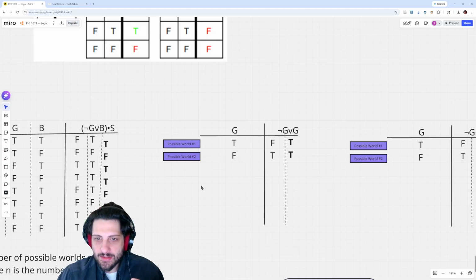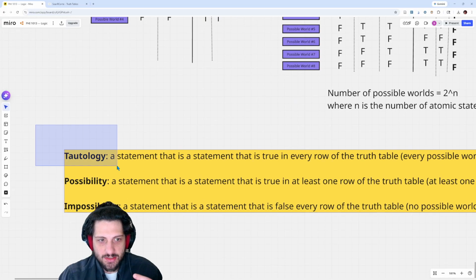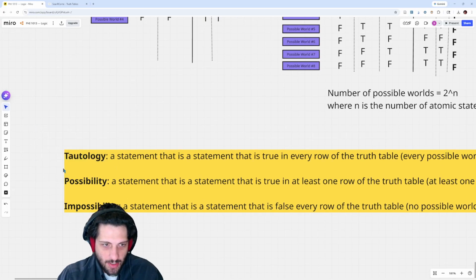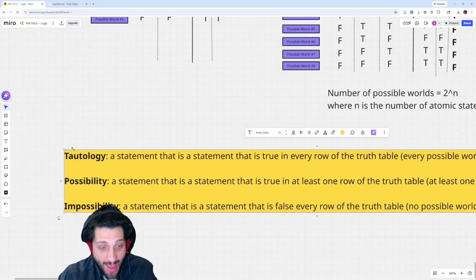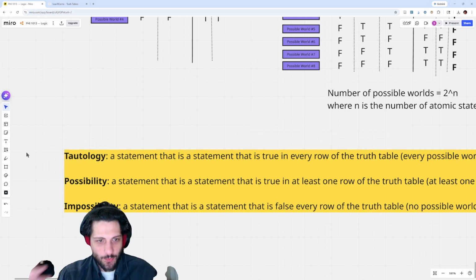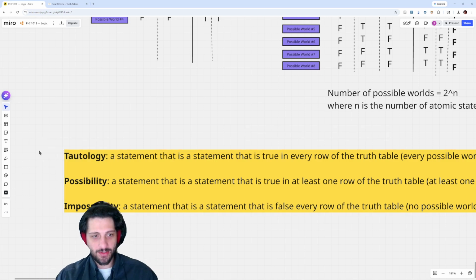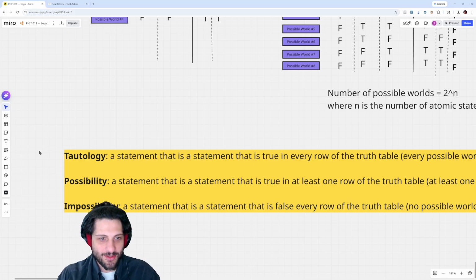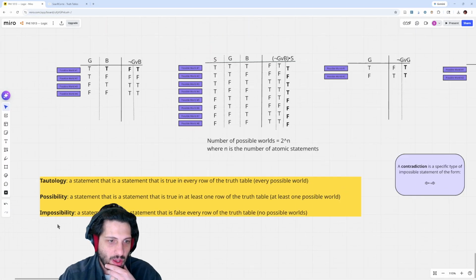So, there's some things that we call tautologies. A lot of times, a lot of philosophers will think of math as tautologies, right? Like when I say 1 plus 1 equals 2, that's not just true in this world, but if things turned out differently, then, hey, 1 plus 1 doesn't equal 2 anymore, right? This is just always and necessarily going to be true.